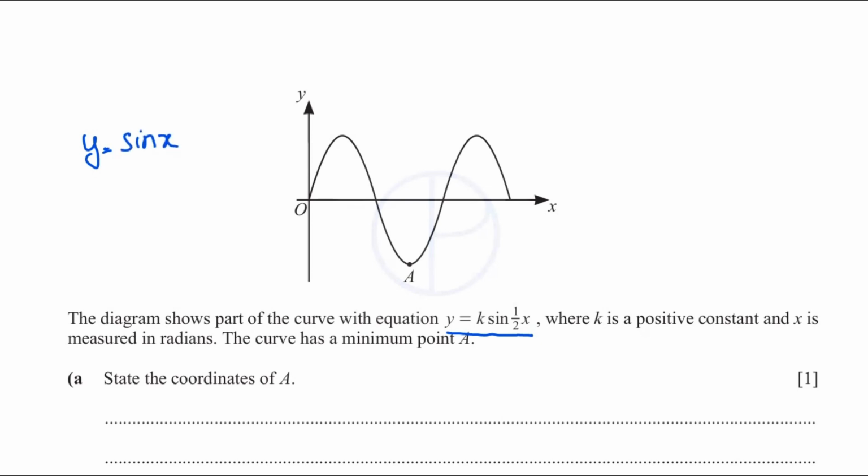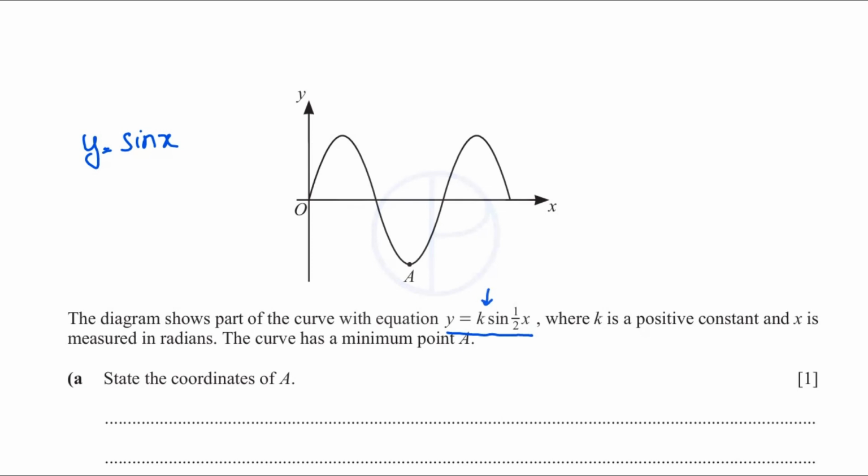Okay, let's find out what is the order of transformation applied on this curve. So k represents the stretching along the y direction, and 1 over 2 represents stretching along the x direction by the factor 2. Okay, so one is a horizontal stretching, another is a vertical stretching.